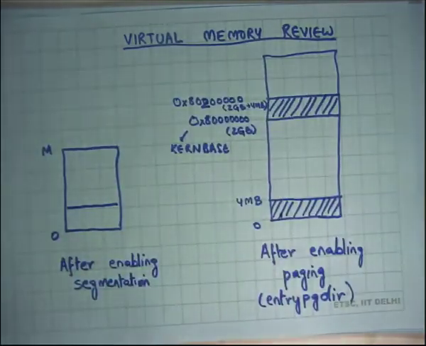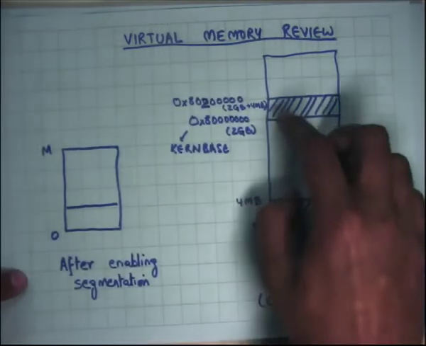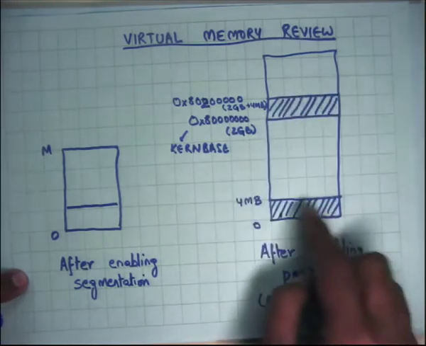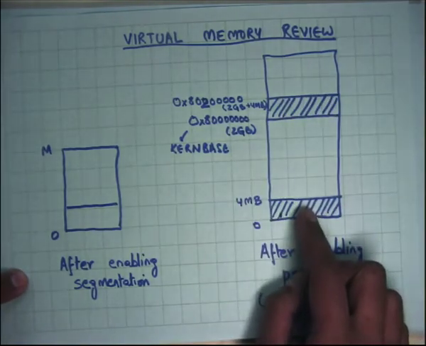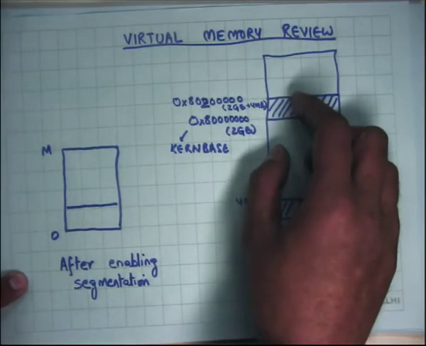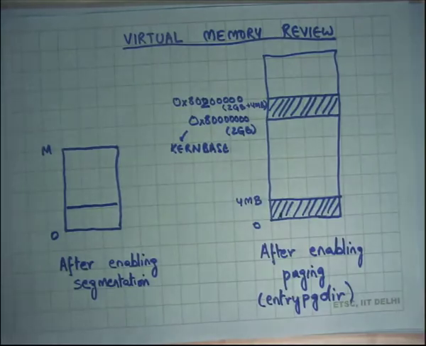Recall that all the symbols in the kernel have values which are in this range. So I shouldn't be dereferencing any symbol from here. The only thing I'm going to do is look at some symbols, like there's a region that's allocated as stack, right?